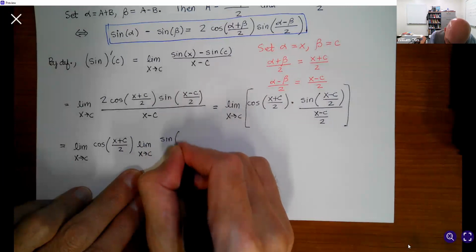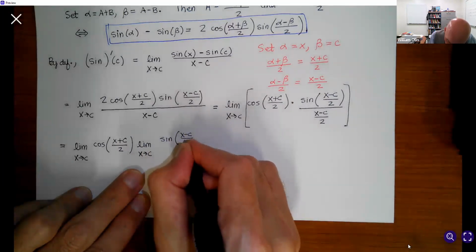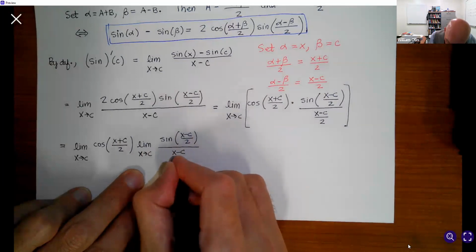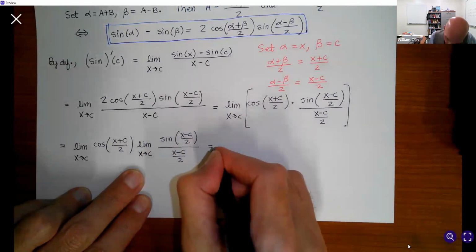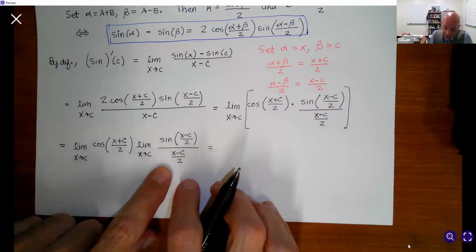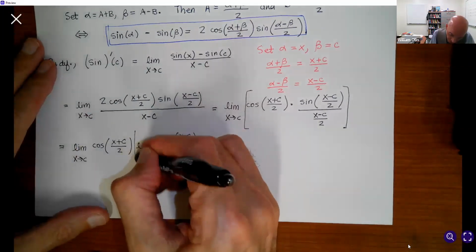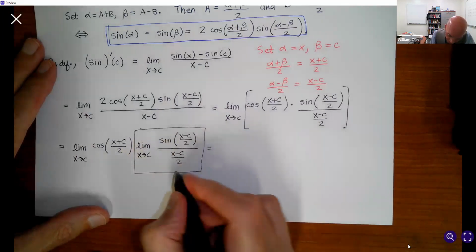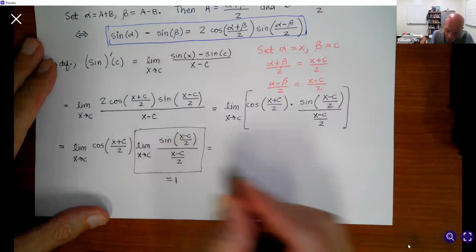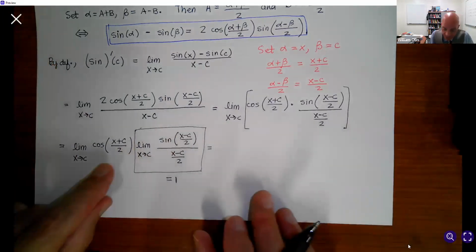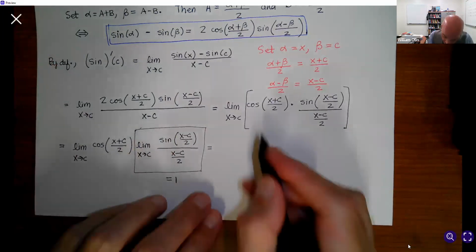So now we've got the limit as x approaches c of sine of x minus c over 2 divided by x minus c over 2. The limit of a product is the product of limits, and we can do both of these limits. This is our special limit right here. This equals 1. That's our bread and butter, a very important limit, so I wrote that there to remind you. And then we can do the other by direct substitution.